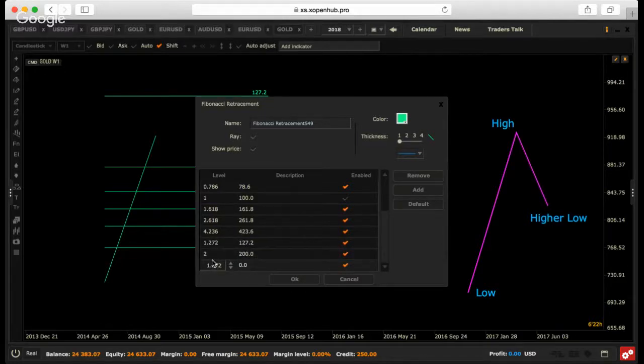Then on this one, you're going to click add again, and you're going to put 2 there. And then on this side, you're going to put 200.0. That's what you're going to put in, okay? So that's how you're going to do that, all right? And then I want you to click Ray, and I want you to click Show Price, and your fibs will look exactly like mine, okay? So that's what you guys are going to do, okay?